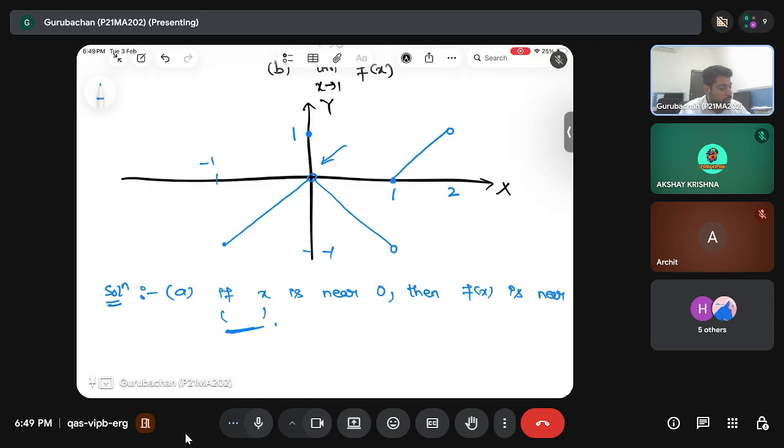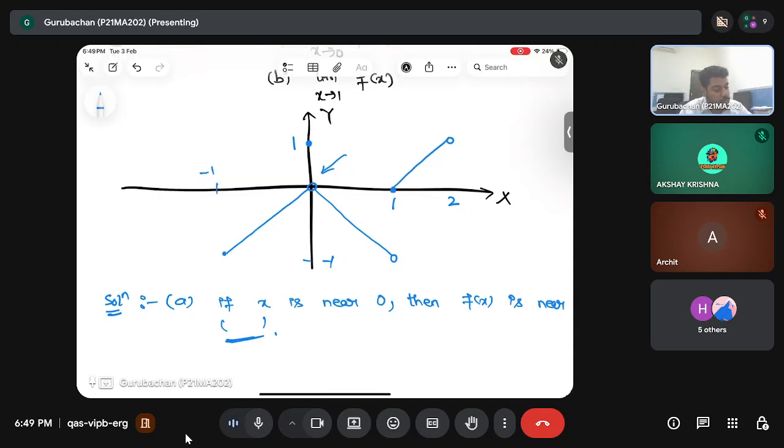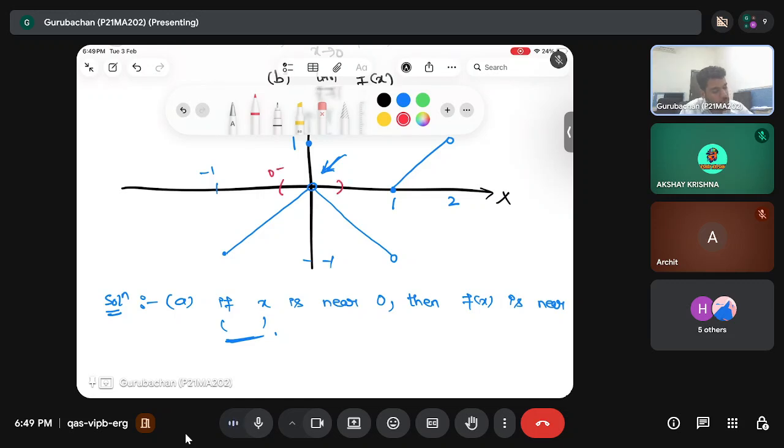So if you think about f x when x is near 0, near 0 means here it is 0, and near to it means you are taking this much distance. For example, this is some 0 minus delta and 0 plus delta. So where is f x actually?